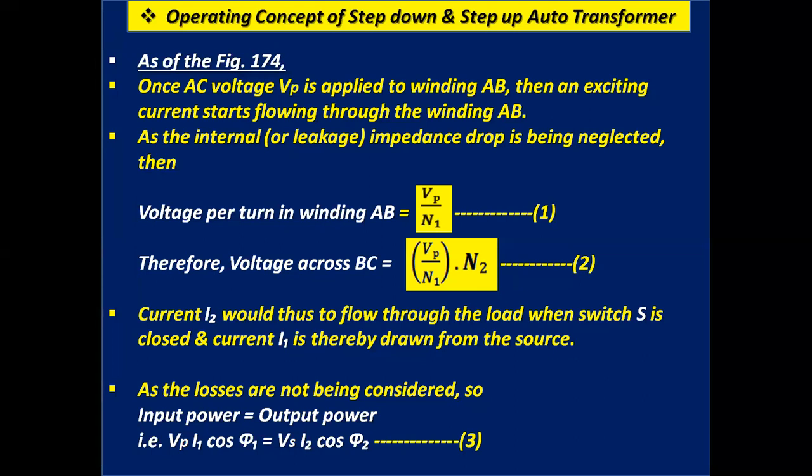As the internal or leakage impedance drop is neglected, the voltage per turn in winding AB is Vp divided by N1. That is equation number 1. Therefore, the voltage across BC is Vp by N1 into N2.